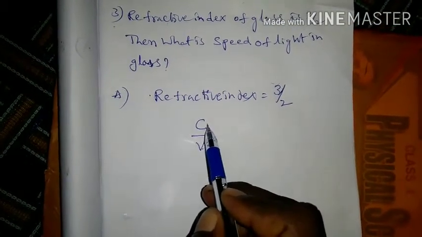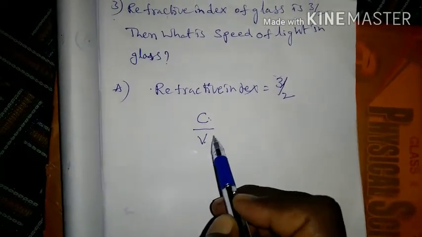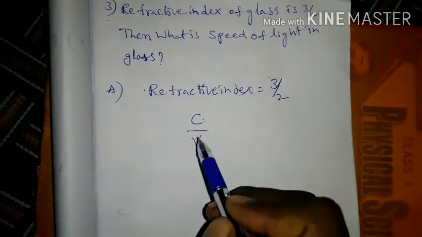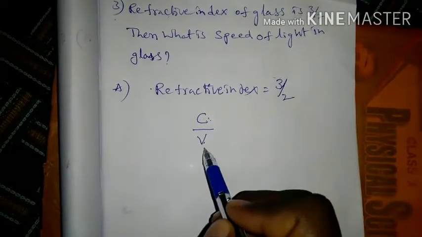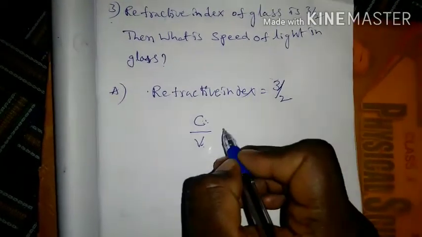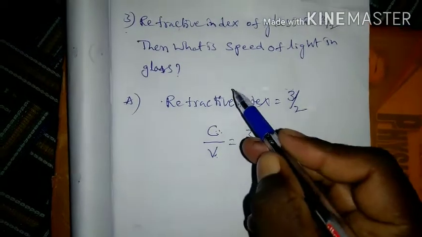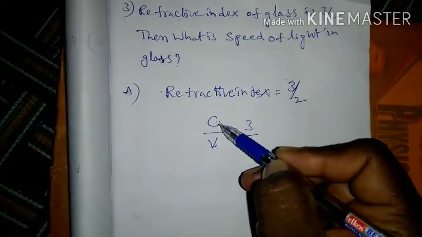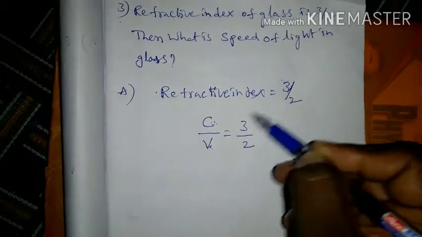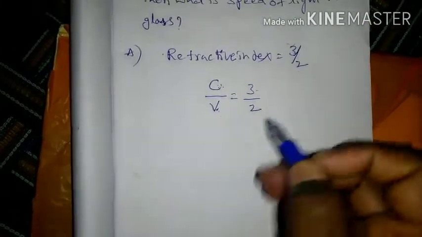The speed of light in vacuum to the speed of light in medium is called refractive index. C by V is equal to 3 by 2. Refractive index formula: C by V is equal to 3 by 2.